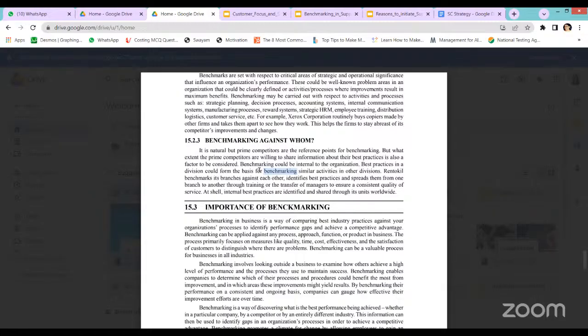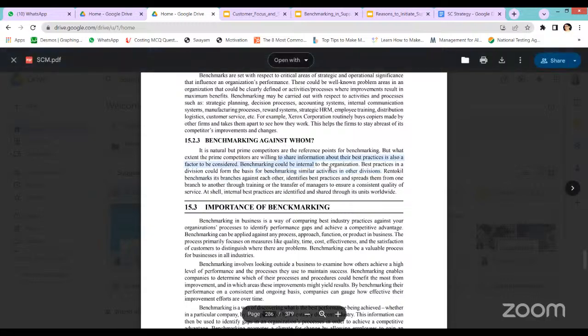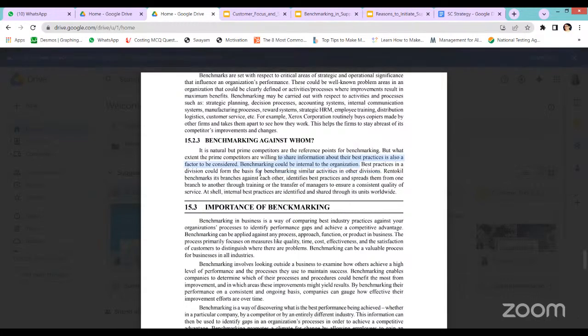So that is a kind of performance basis for benchmarking similar activities in other divisions within the organization, and the other divisions performing similar activities, branches against each other, or departments against each other, or similar firms in the same industry against each other. All these can be benchmarking targets, right?